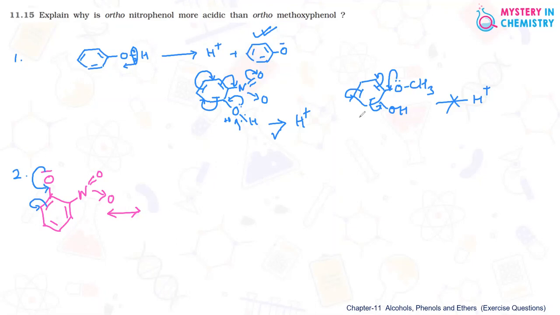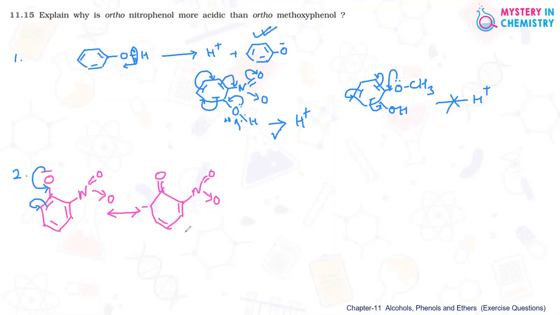So we can make the next structure as: here negative charge, here bonding pair of electrons, here oxygen, and these bonds are not disturbed, even the nitro group, in the next structure.